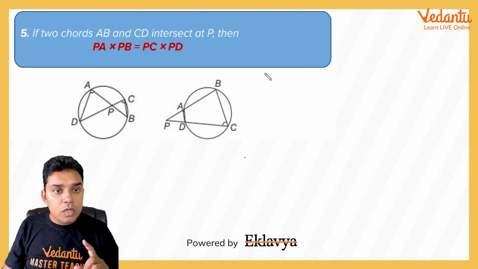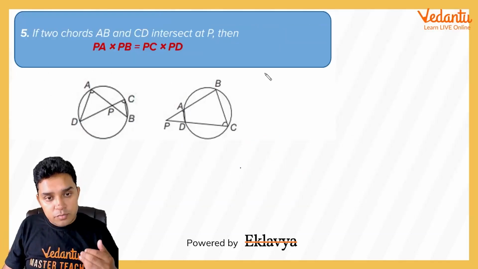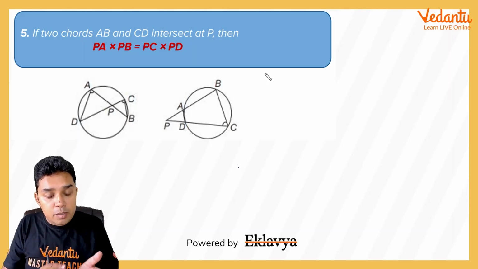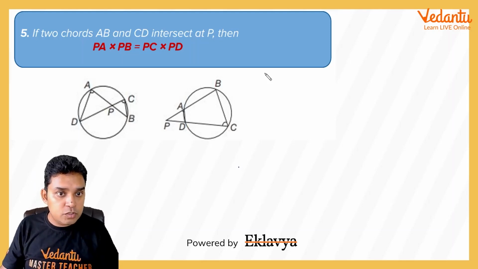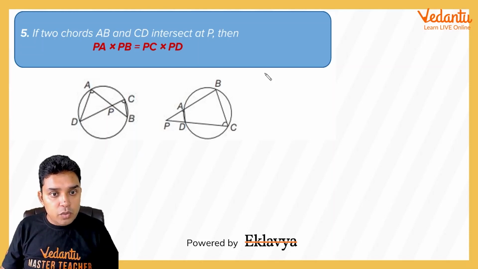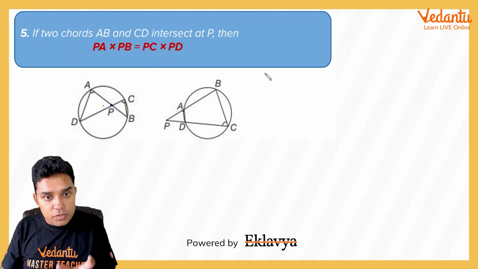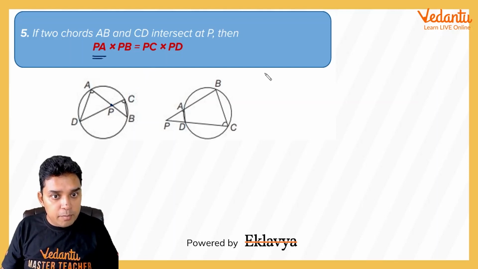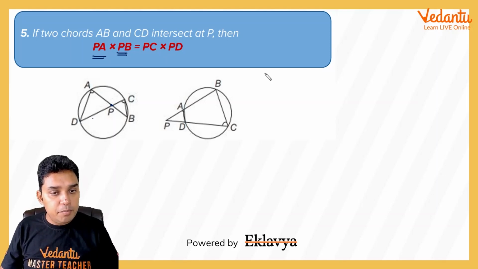Then coming to the secant theorem, or we call this the power of a point with respect to a circle. Please see what it is: through any point P, if we draw two chords AB and CD which meet at P, then the product of the two segments of these chords, PA multiplied by PB, will be equal to PC multiplied by PD.